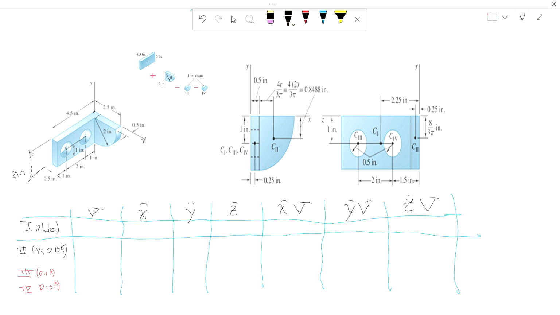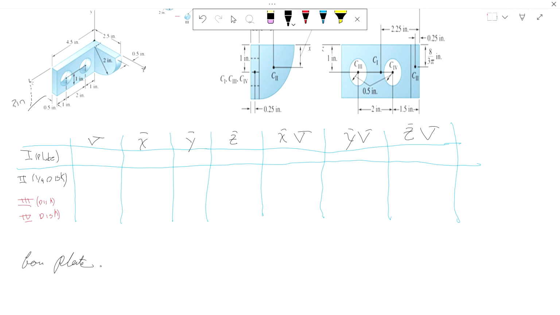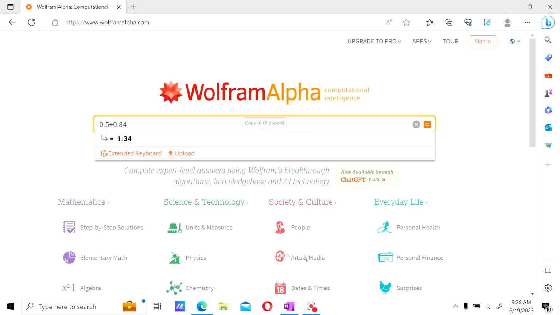So the plate has a volume of, let's see if we can write it down. So for the plate, volume is equal to A times B times H, which is equal to 0.5 times 2 times 4.5.